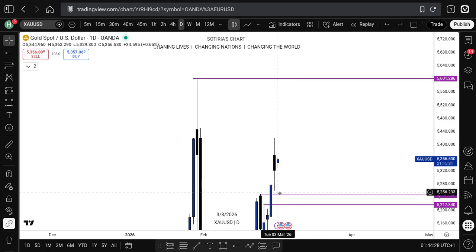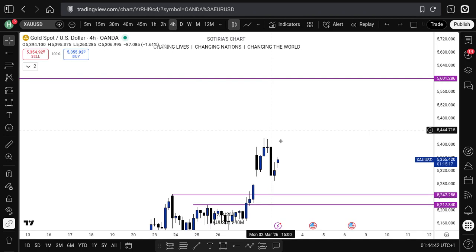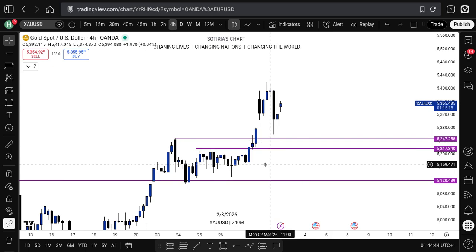So just patiently waiting for price to come into this FVG and give us a confirmed daily close, or come to this breaker block and give us an engulfing confirmation, or come into the other block and we look for a 4 hour structure.